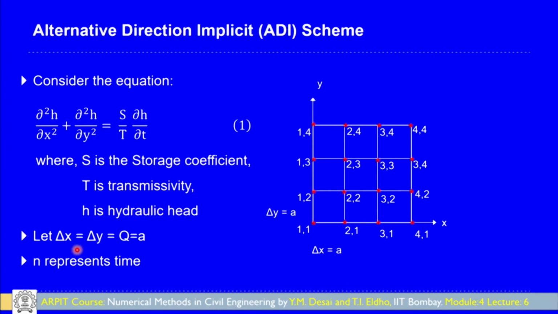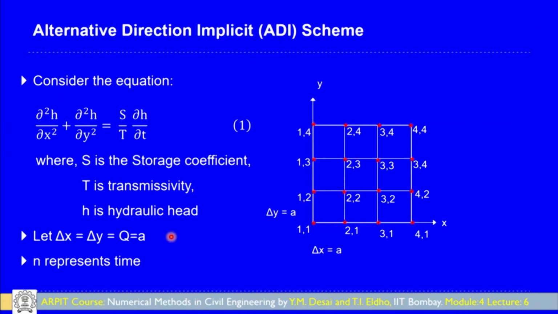Let us take the same spatial discretization, assuming delta x equal to delta y equal to a, which is sometimes put as q for clarity. Here n represents the time level, and this is a 2-dimensional problem where time is also involved.